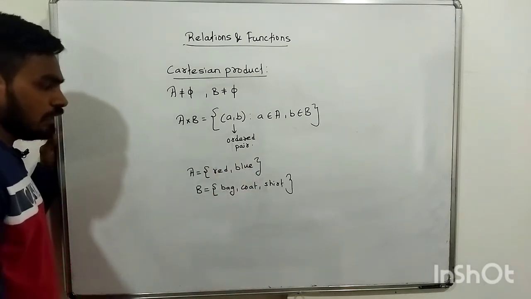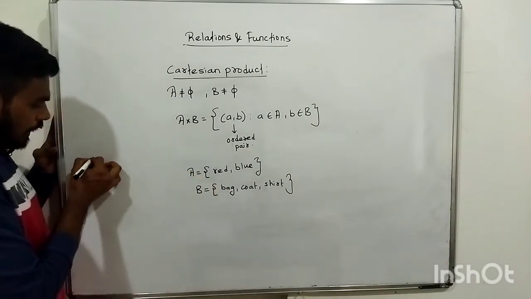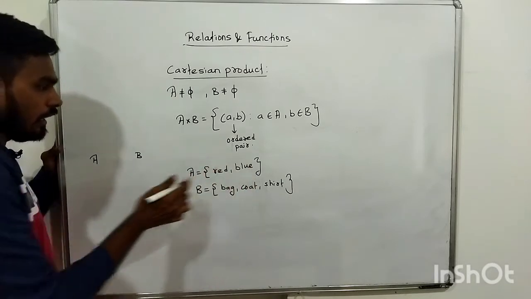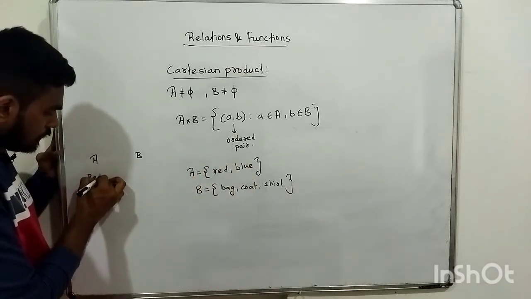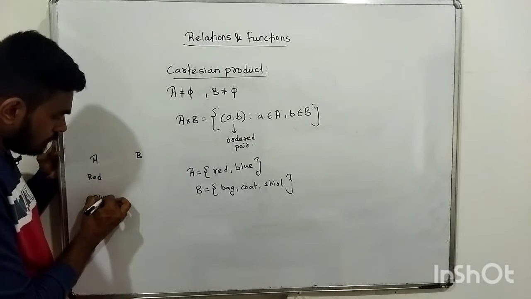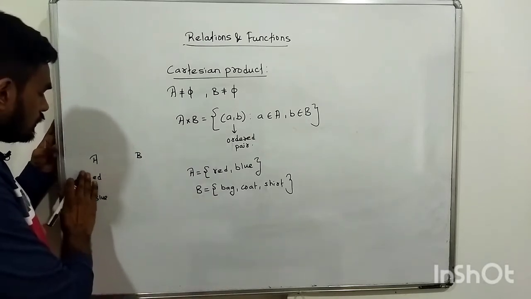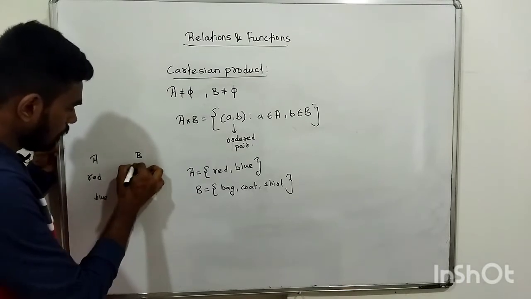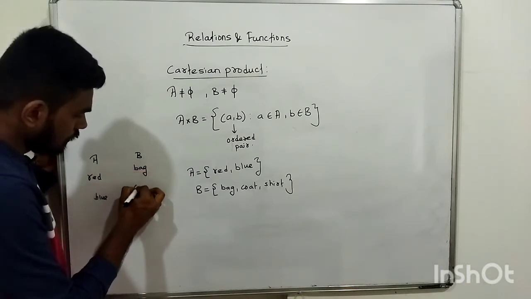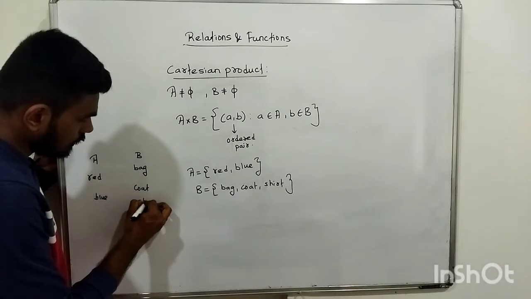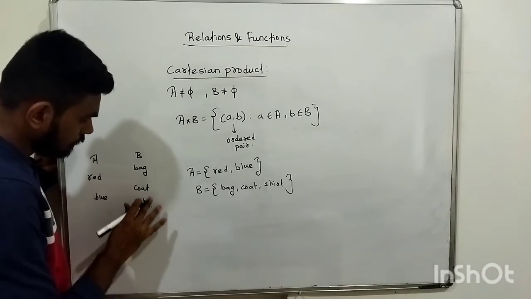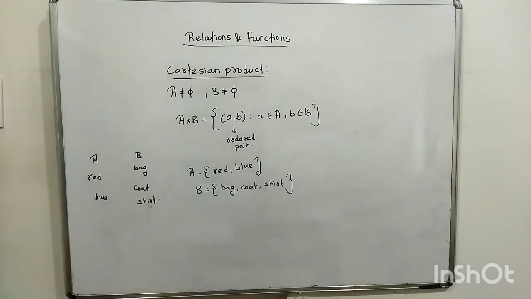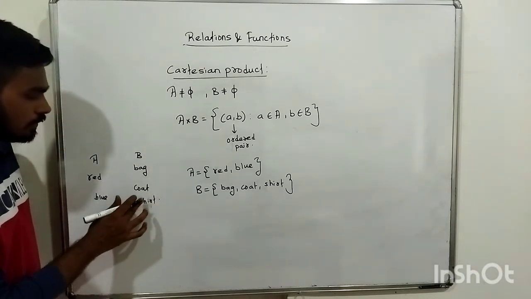To find that, I write A here and B here. Red and blue I write here, and bag, coat and shirt I write here.